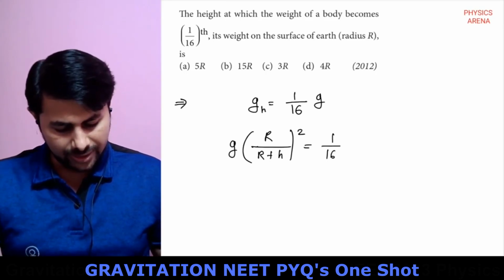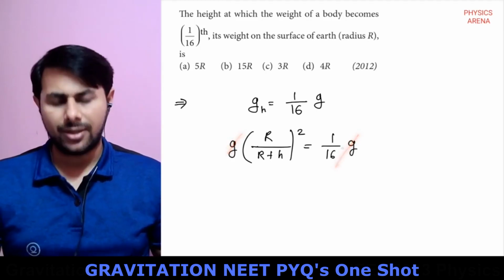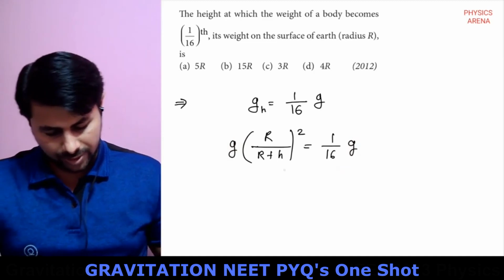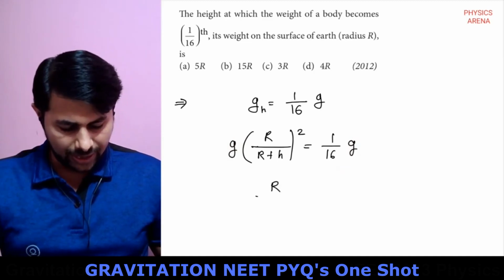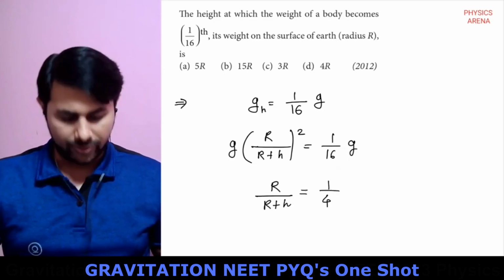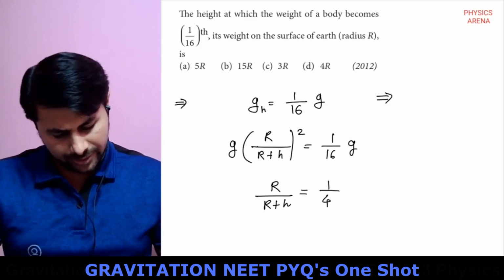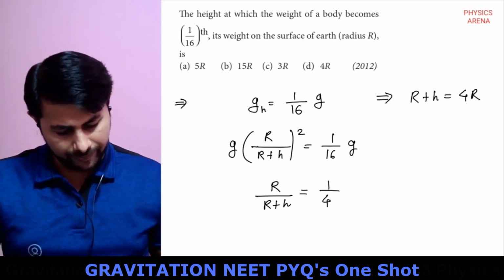So it is 1 by 16th of g. G and g get cancelled. Then we have to take square root. So r upon r plus h square is 1 by 16. That means r upon r plus h is equal to 1 by 4. That means r plus h is equal to 4r.